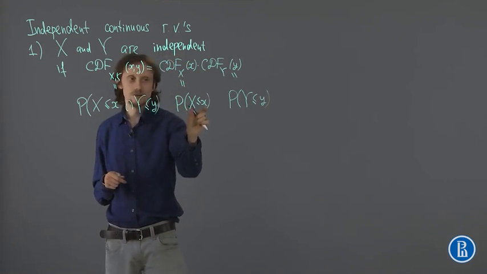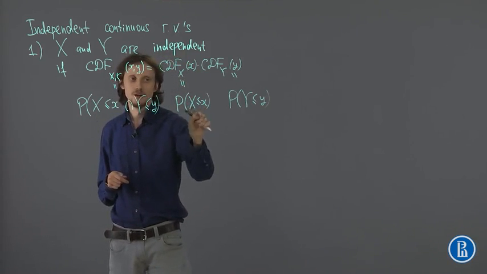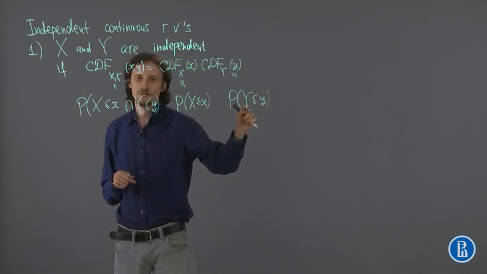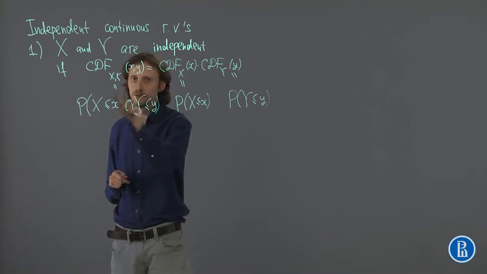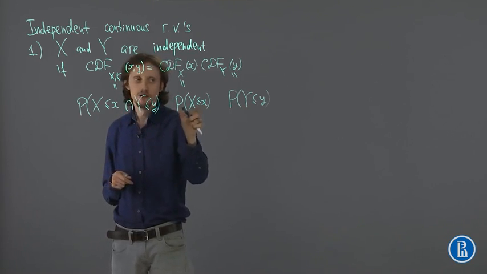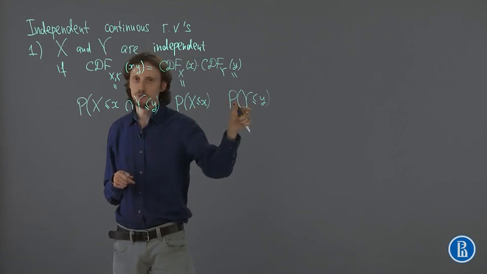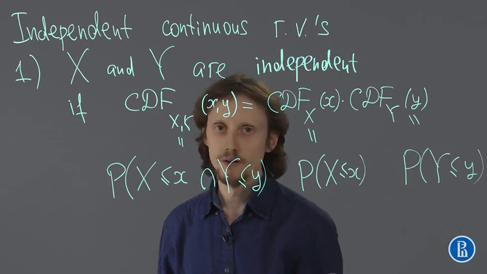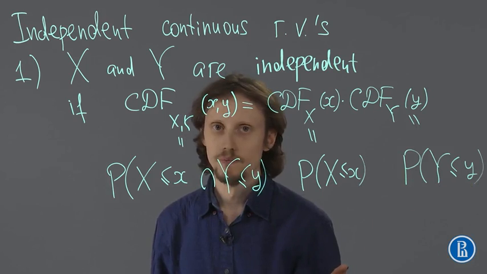So, we see here that we have two events. This one, x is less than or equal to x, and this one, the same with y. And here is their intersection. And this equality says that the probability of this intersection is equal to product of these probabilities. It means that these two events are independent of each other.